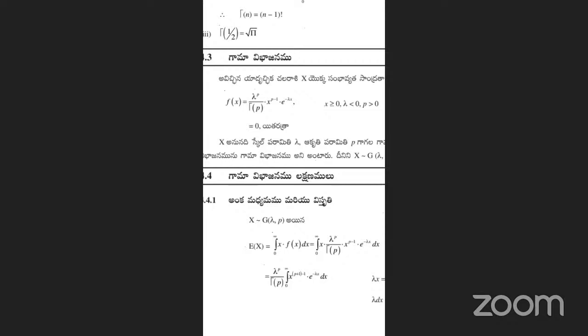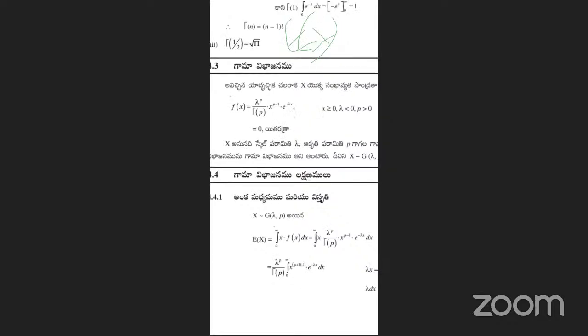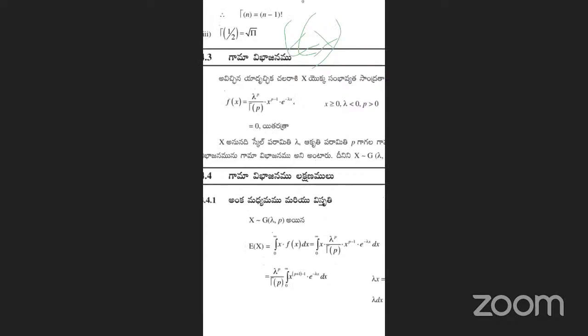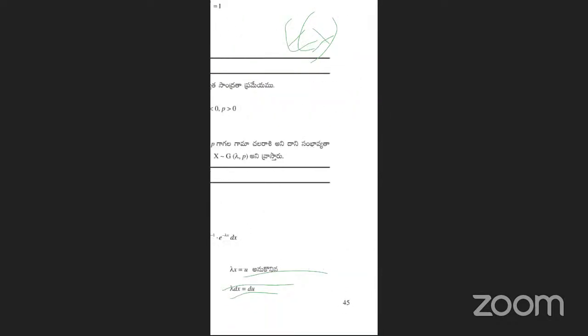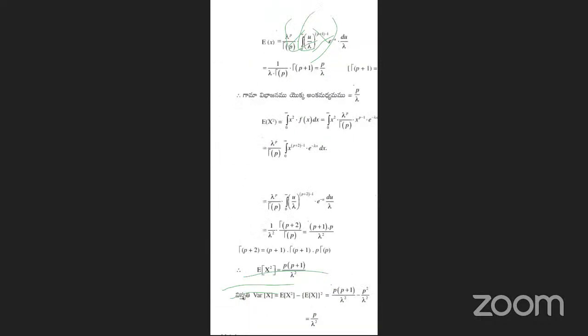Now, what is the mean of the gamma distribution? We know that the mean can be found using the expectation of x, which is x into f of x, where f of x is the gamma two-parameter density. Applying differentiation and those properties, we get the value p by lambda, or alpha by a.